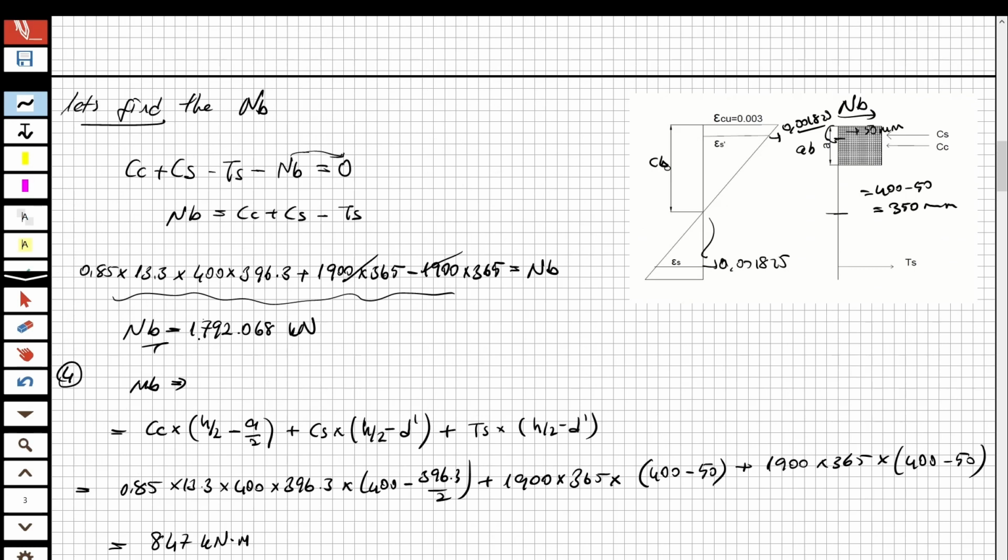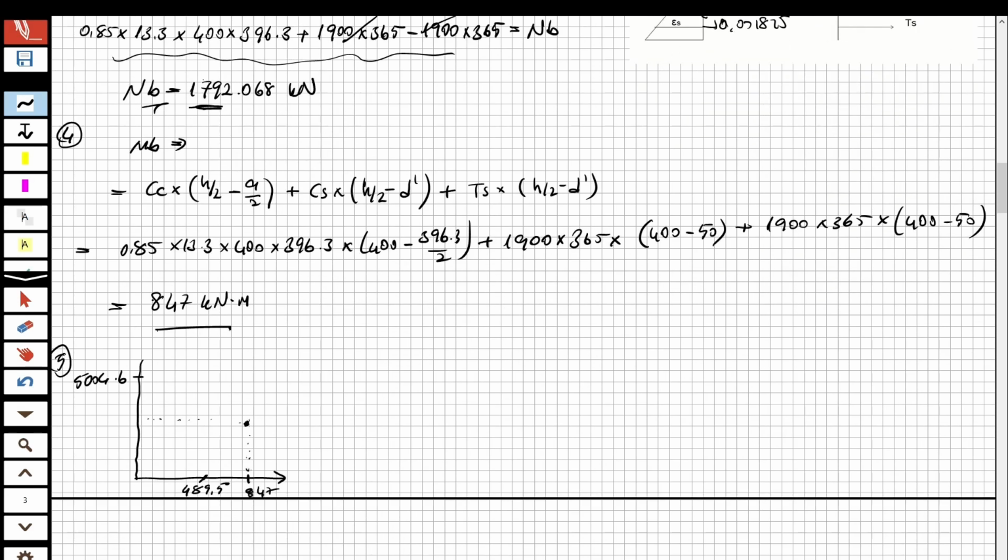Look at here. Axial force is 1762.068. And for this one, we just got all these three points, and this will be the MN diagram, okay?